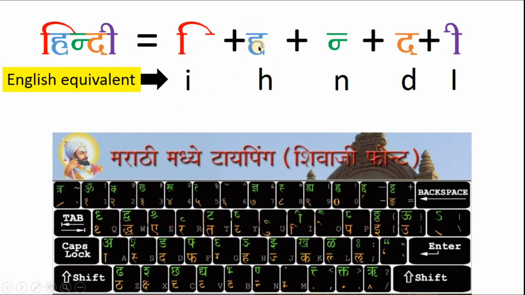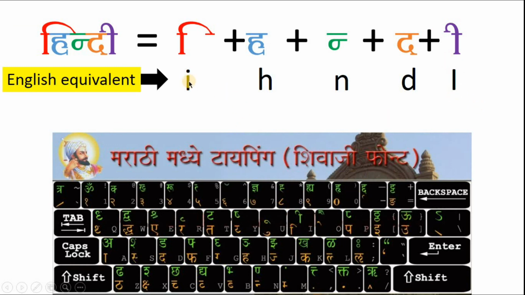Then for this one, we need to send small h. For this one, we need to send small n. For this one, we need to send small d. And for this character, it is on top, so we need to send capital I. Here there is a change.